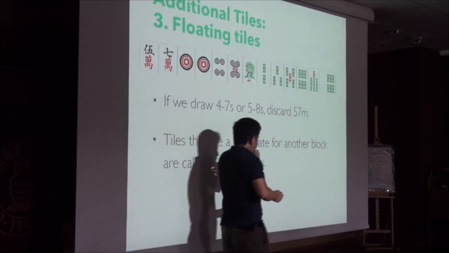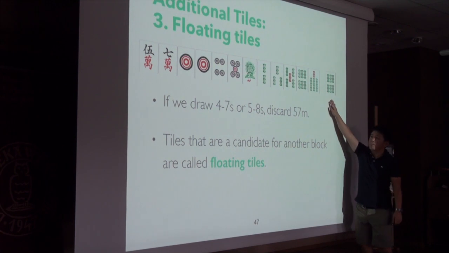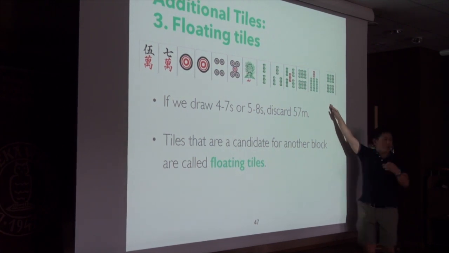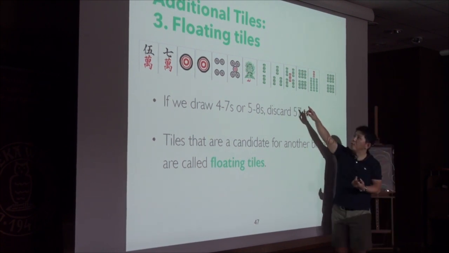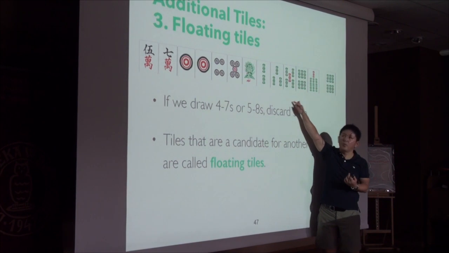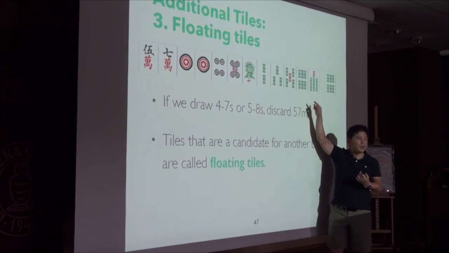The last category is floating tile. So let's say we have 6 bamboo. Having 6 bamboo will allow you to accept 4-7 bamboo, for example, or 5-8 bamboo, right?